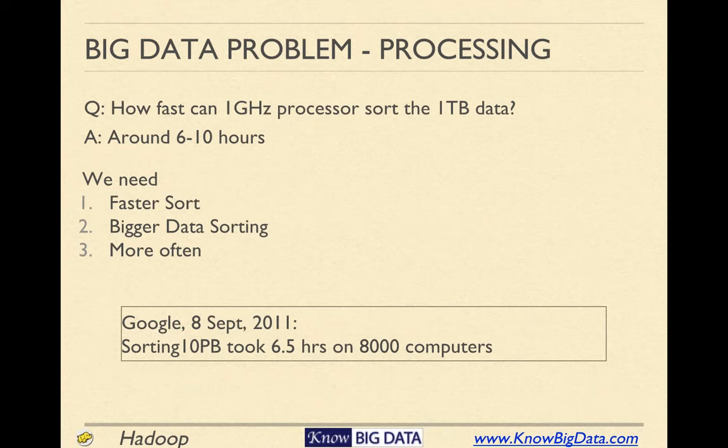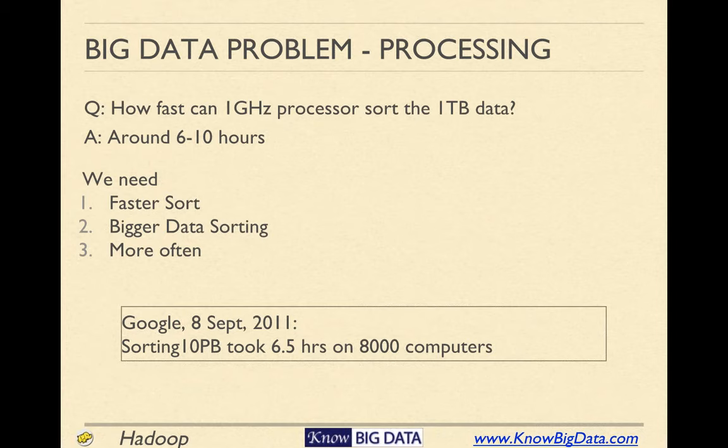So why do we talk about sorting as the benchmark for computing? There's a common scenario in the computing industry. Whenever we talk about processing, meaning heavy processing, we generally take an analogy of processing with sorting.